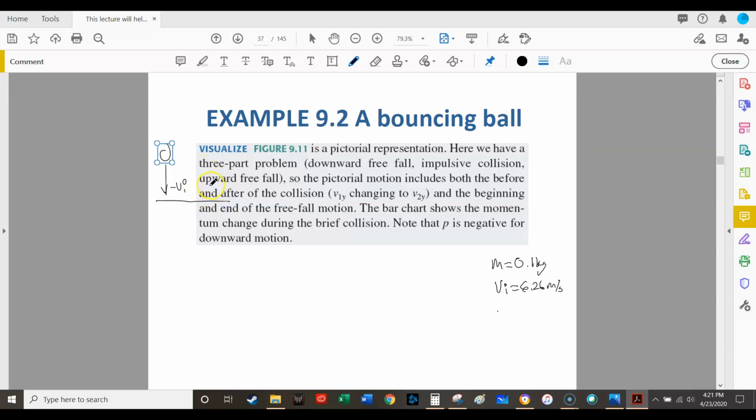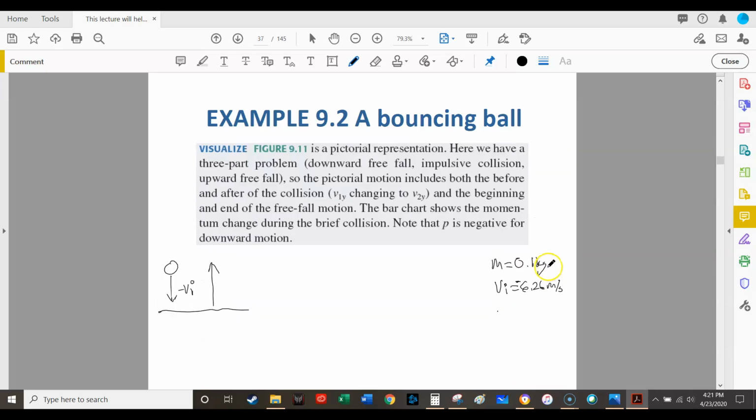And the ball then hits the ground, and that should be a negative guy over here.